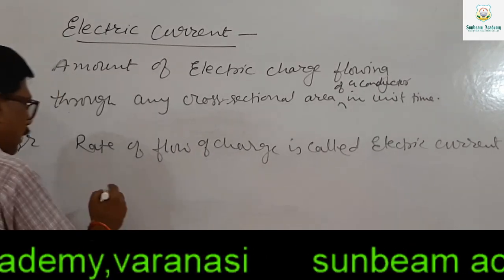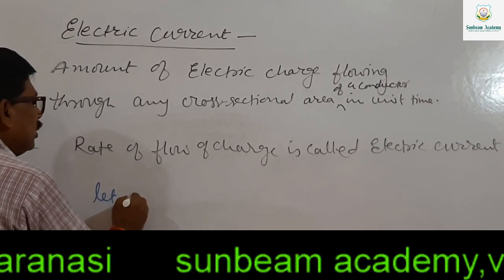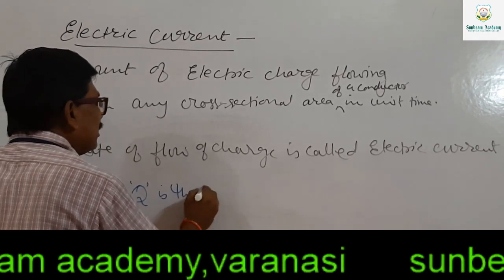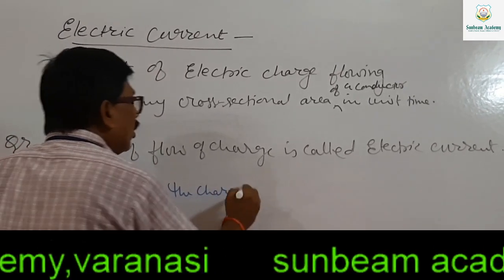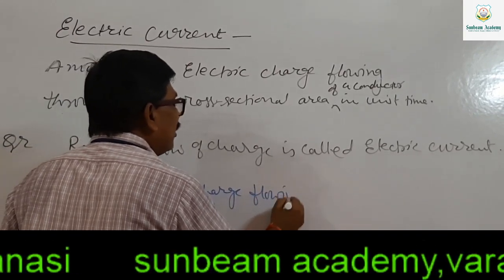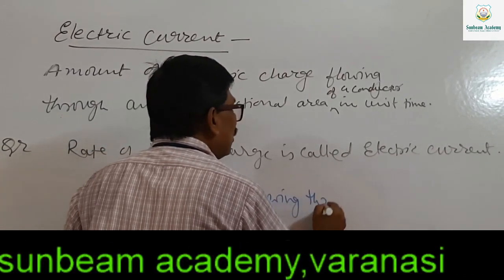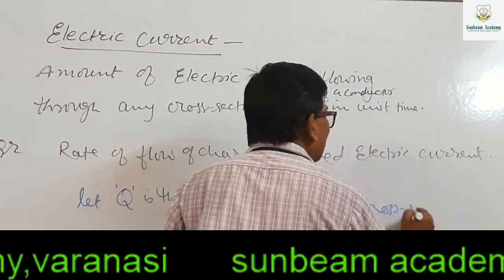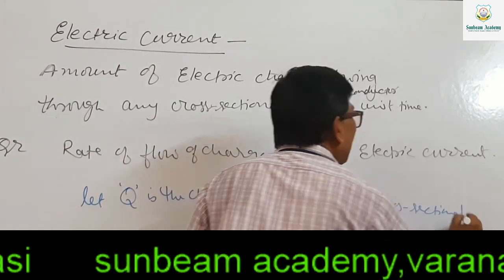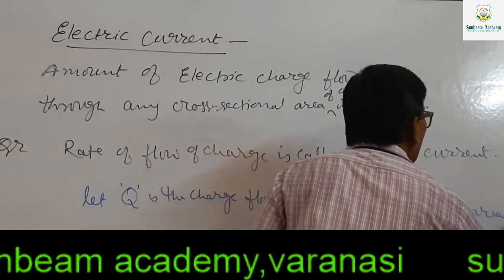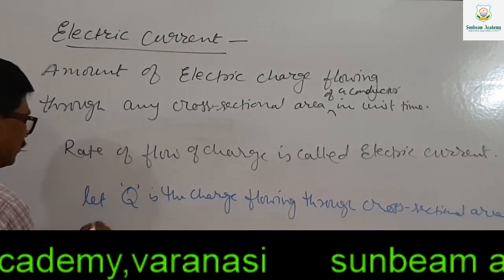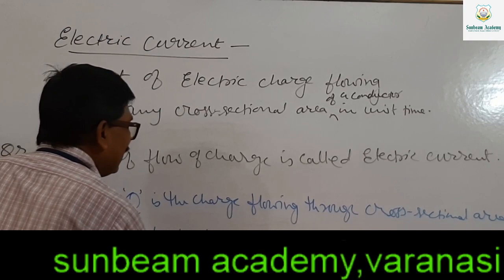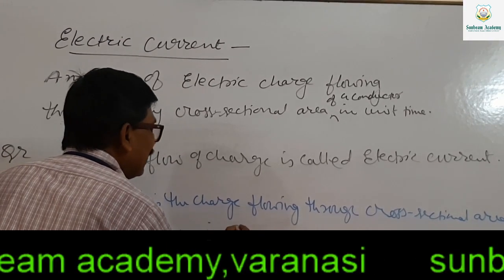It means that, let Q be the charge flowing through the cross-sectional area of a conductor in time t.